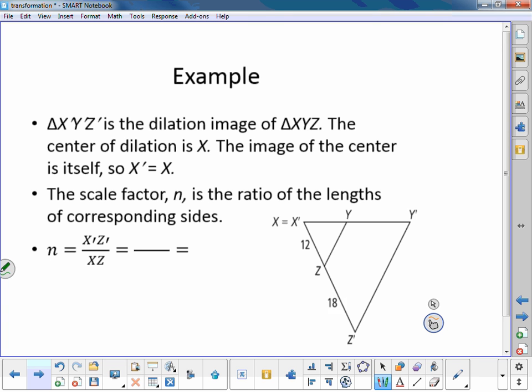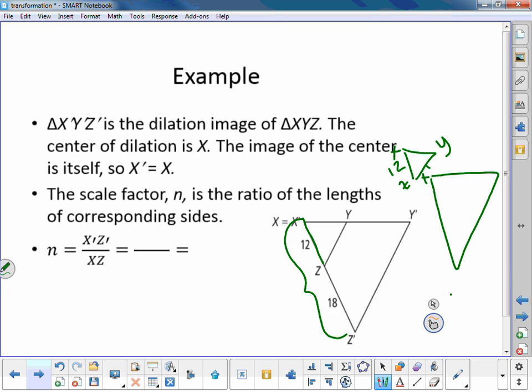All right, so let's look at the example. Let's find the scale factor of this ratio. Well, from here to here is the pre-image. If you look here, that is the image. So if you need to, you can redraw the triangles. This is x, d, y, with a 12. And then this is x prime, d prime, y prime, with this would be 30, because you have to add 12 and 18.